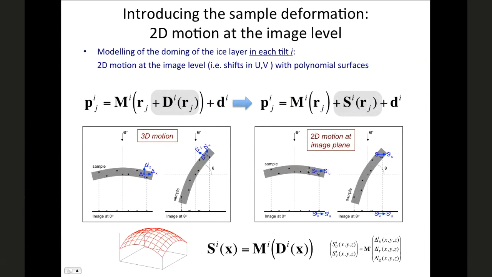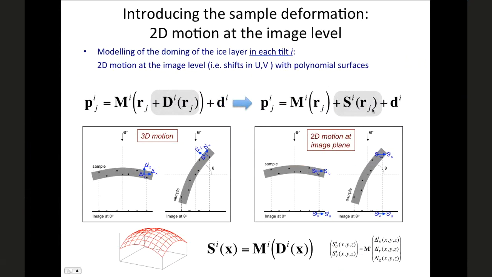So this is the same as here, but only the motion observed at the image plane. So these are two alternative but equivalent ways to model the motion, either with three polynomials in 3D or two polynomials at the image plane. By default, TomoAlign uses this because it's simpler.